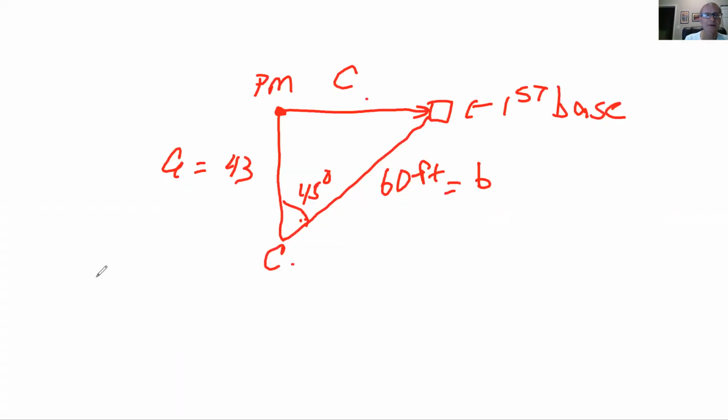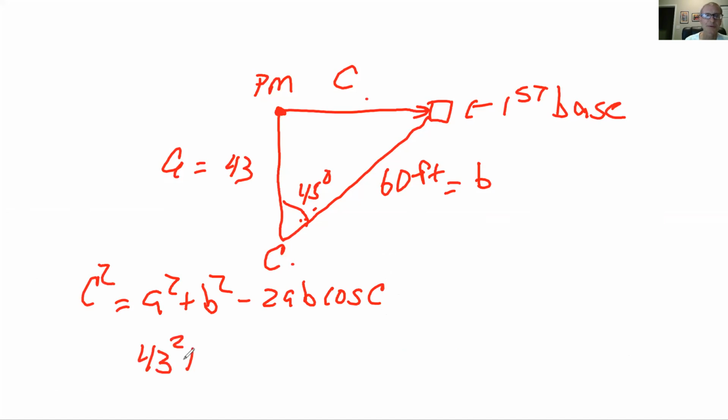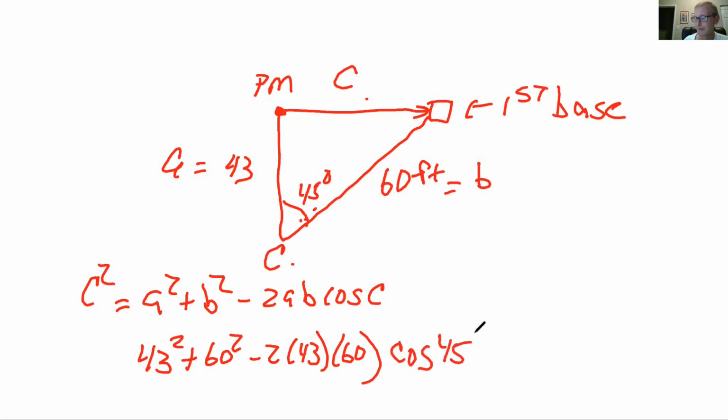So we have C squared equals A squared plus B squared minus 2AB cosine C. And the key is, this is that angle C. And so if you put that in there, this would be 43 squared plus 60 squared minus 2 times 43 times 60 times cosine of 45 degrees. And you could see it doesn't matter which one's A and B because you could flip-flop them, you're going to get the exact same answer. C is the key, right?